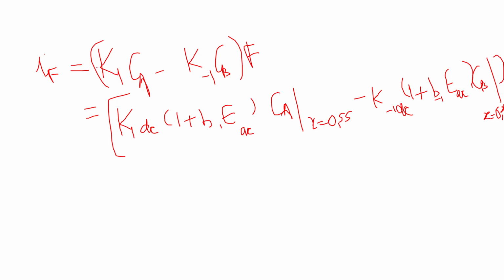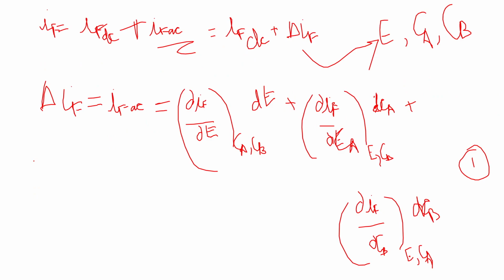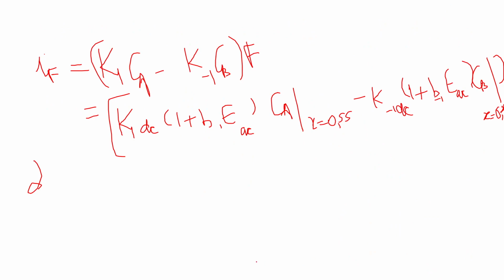This is the equation. Now I have to find out these three terms: dou IF by dou E at constant CA and CB, dou IF by dou CA at constant E and CB, and dou IF by dou CB at constant E and CA. The first one, what do I get?